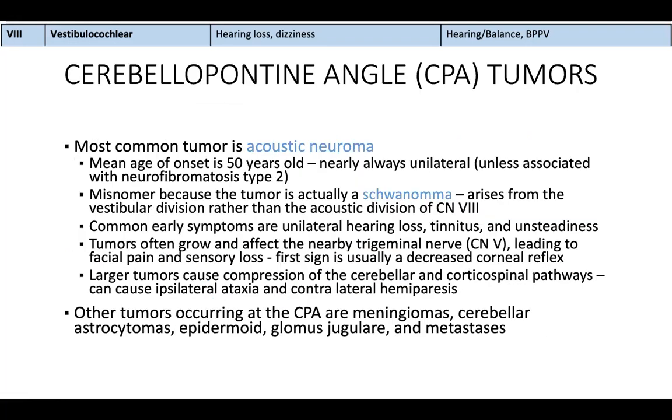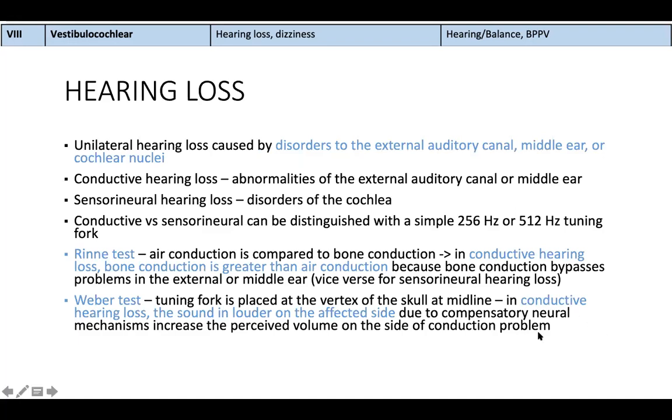Okay, so cerebellopontine angle tumors, usually, let me see, let me go back. Okay, I know it says the vertex of the skull, but when we learned it in EPC, we just put it in the middle of the forehead, because it's not touching any hair there, and hair can disrupt sound waves.